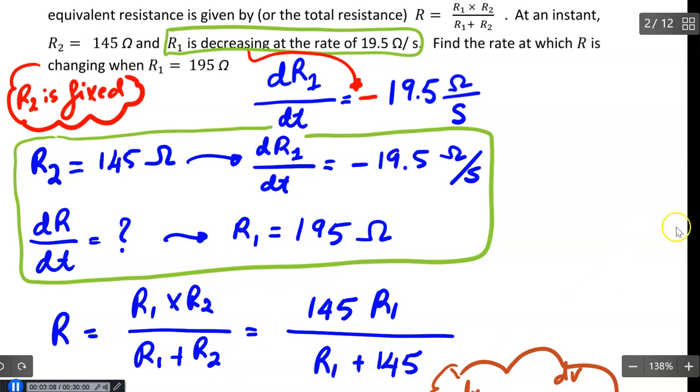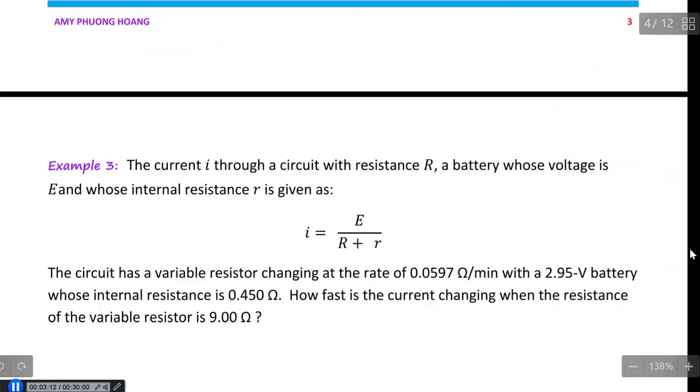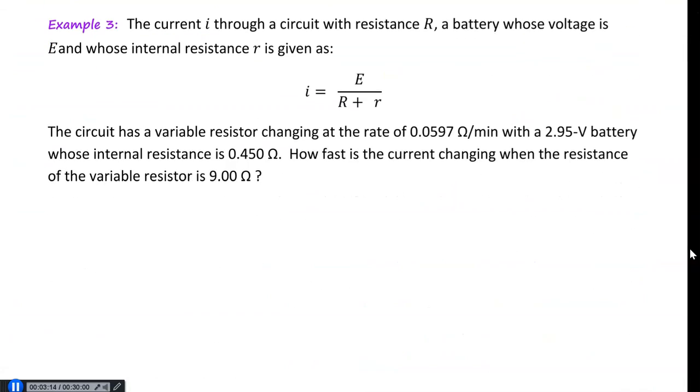All right, so let me start with question number 3. And for this question, I have this equation as a guide. Okay, so now the current I through a circuit with a resistance R, and a battery whose voltage is E and whose internal resistance is r, is given as current I equal to the voltage divided by the total resistance.